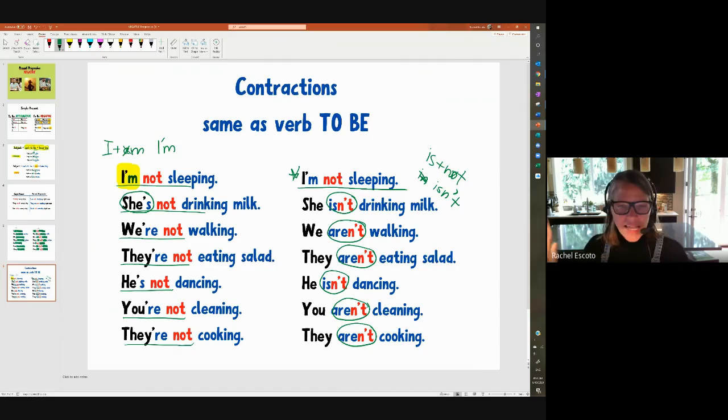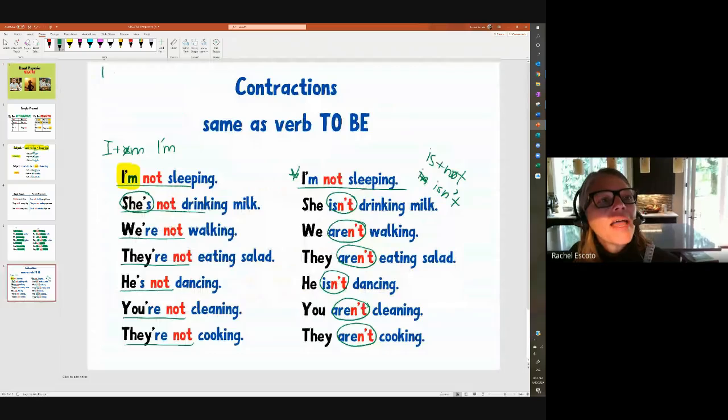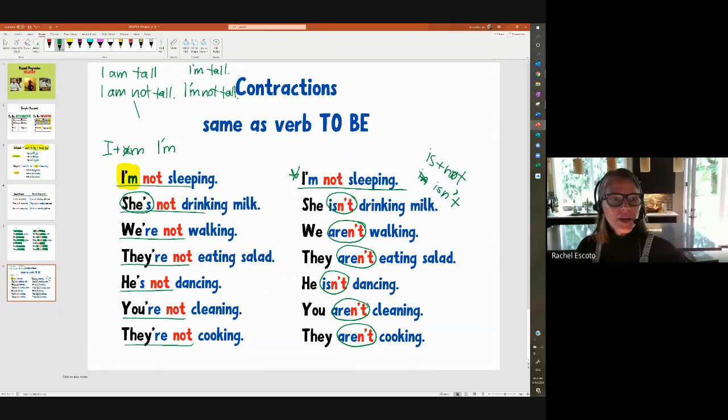And this is just like the same contraction rules from the regular verb to be. Nothing different. Nothing at all. Here we can have I am tall. I am not tall. So we can say I'm tall or I'm not tall. Same as this column right here.